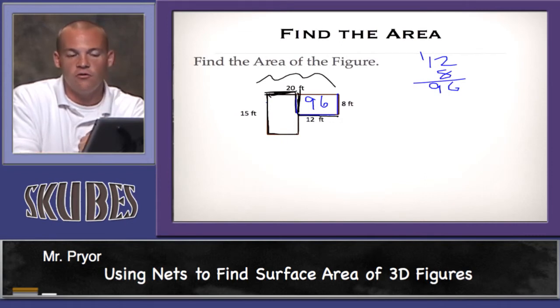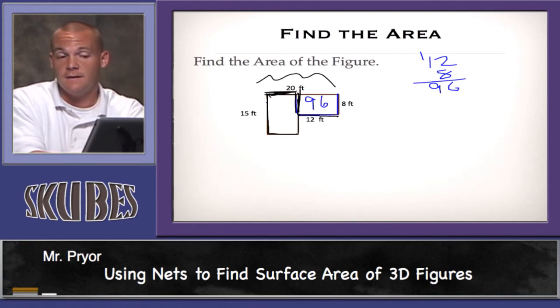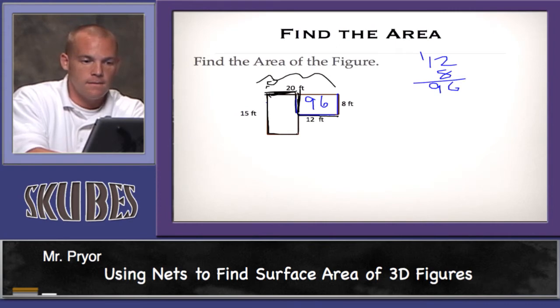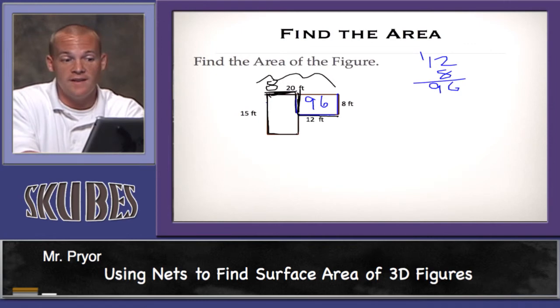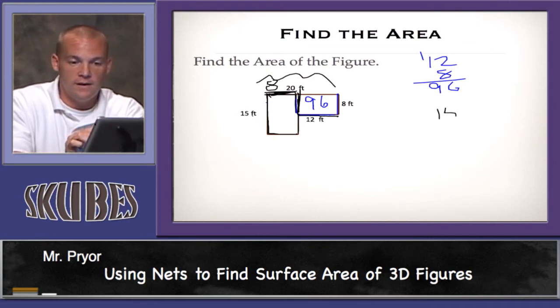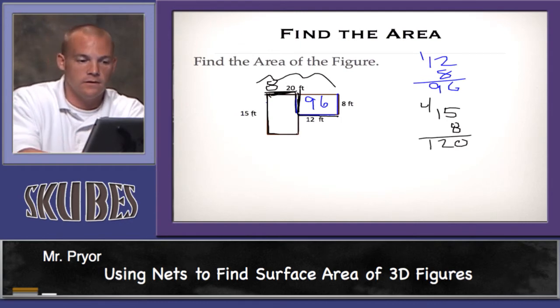If we subtract 20 minus 12, it's going to give us the remainder of the distance that we need. So 20 minus 12 is going to give us 8. So we now can find the area of that remaining rectangle by taking 8 and multiplying it by 15. So 15 times 8 is going to give us 40, carry the 4, 8 times 1 is 8, plus 4 is 12, so 120.